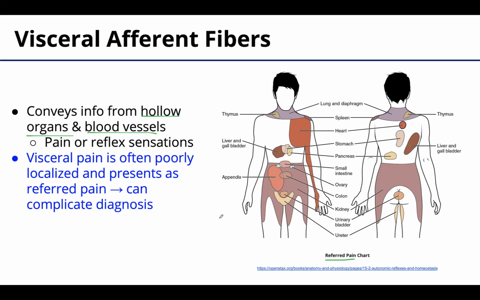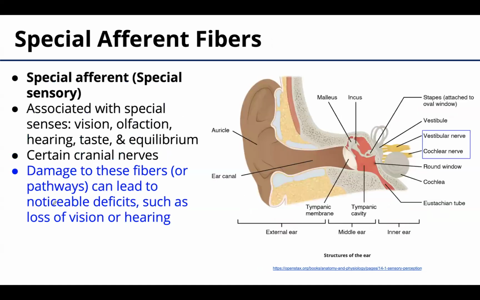And this type of presentation mechanism is similar for most of the internal organs you can see in terms of the referred pain chart. So the fact that the pain is potentially presenting in a very different location from the actual organ that is in distress can complicate diagnosis. So much more to come here as we get into the actual organ systems, but presenting this concept here.